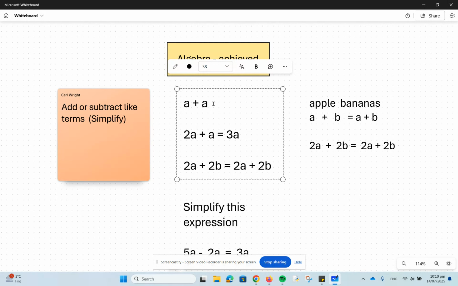So that is a to the power of 1 plus a to the power of 1. That means I have 2 a's. So I can add them together if the letter is the same and the power is the same.